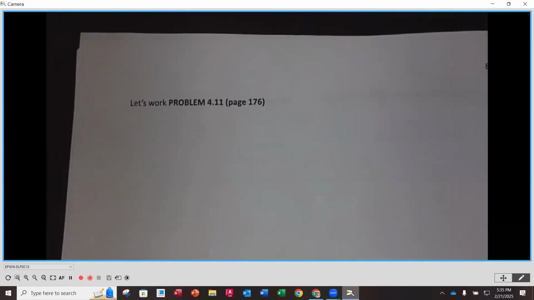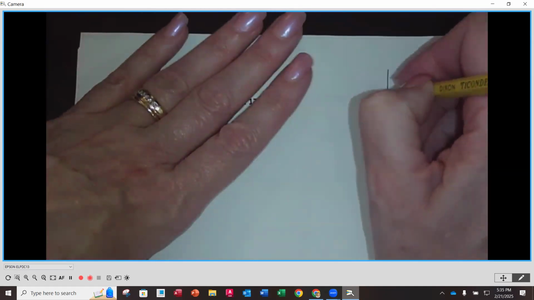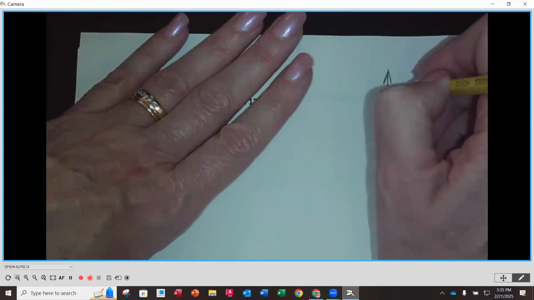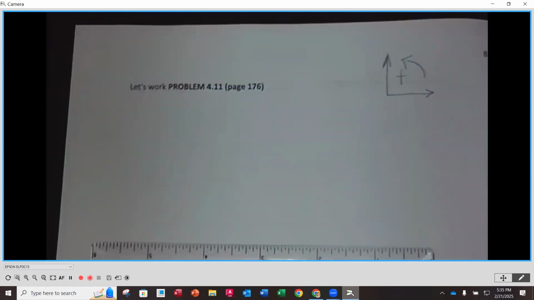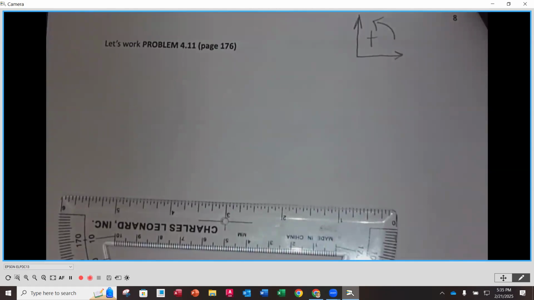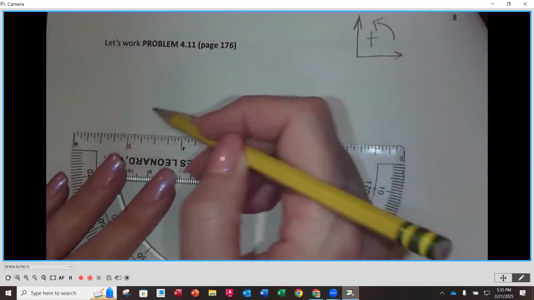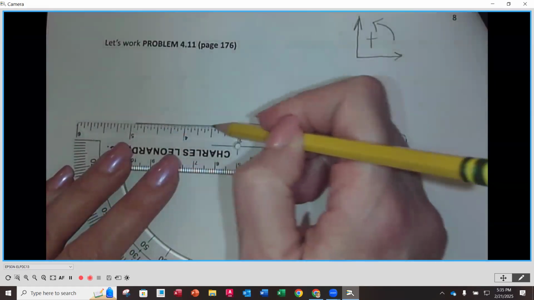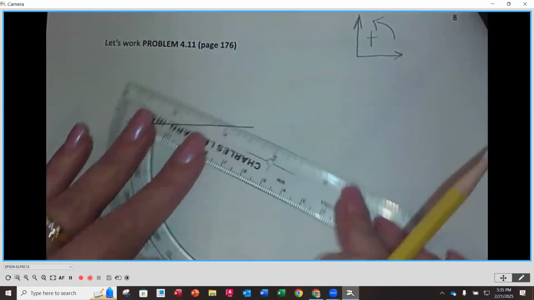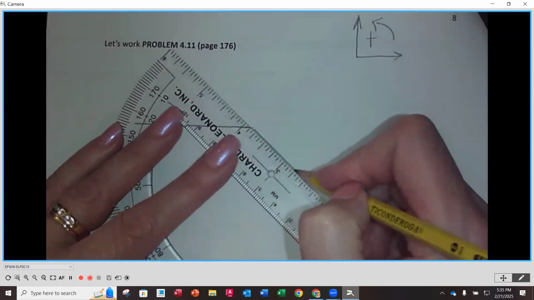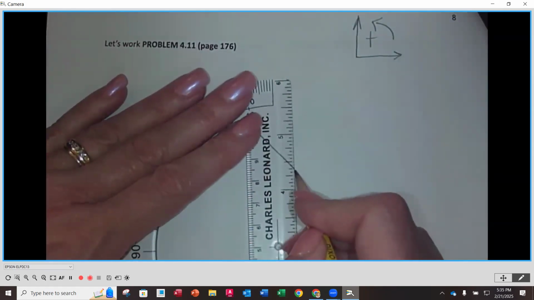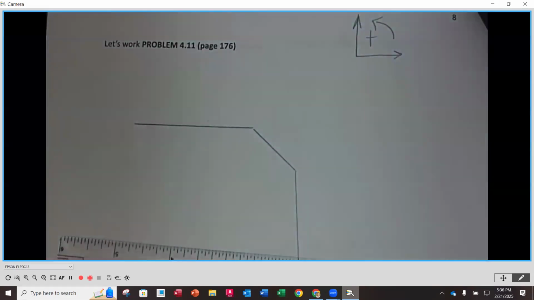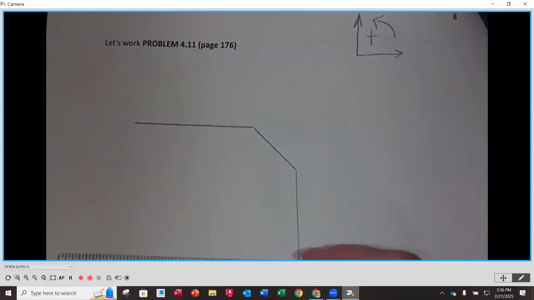Let me see here. I'm trying to find my protractor. Here it is, my desk. Okay, I'm going to make sure I put my convention up in the upper right-hand corner. And now I'm going to draw the free body diagram. I'm going to start up where A is, in that upper left-hand corner. And always make it large enough so that we can make notes and such.